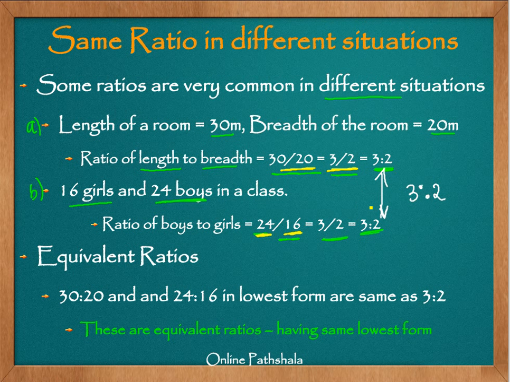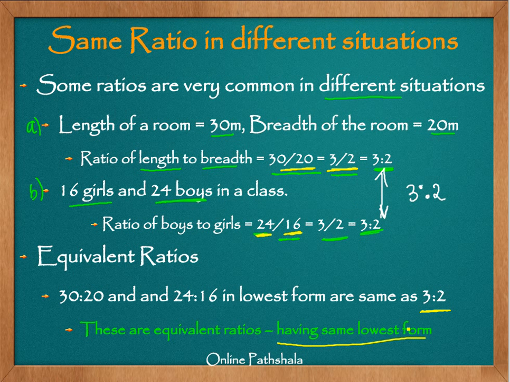So this implies that we can have situations where the lowest form of a ratio is the same as in some other situation. These are known as equivalent ratios. So we can say that 30:20 and 24:16 in the lowest form are the same as 3:2. These are equivalent ratios having the same lowest form.